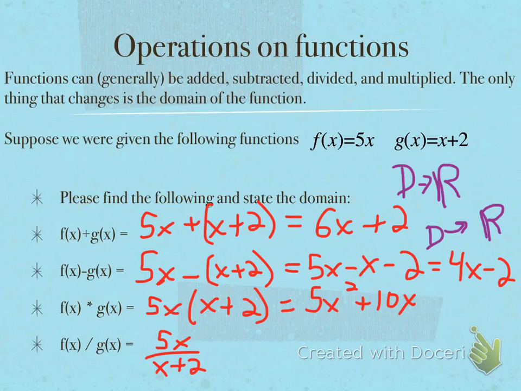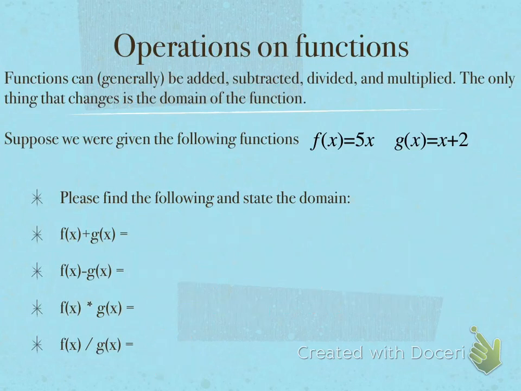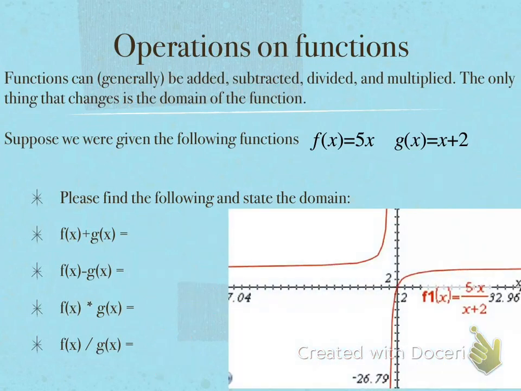Let's look at the graph of this thing and see what the domain is. All right, here's the graph. I'm looking at x values for which it makes sense, or for which there's a corresponding y. If I look at the x-axis in the negative direction, I'm all good until I get to, like, negative 2.